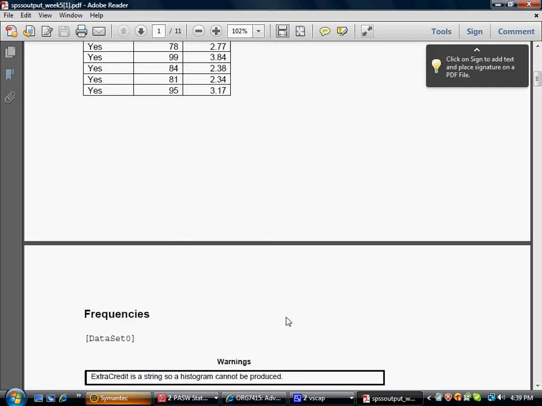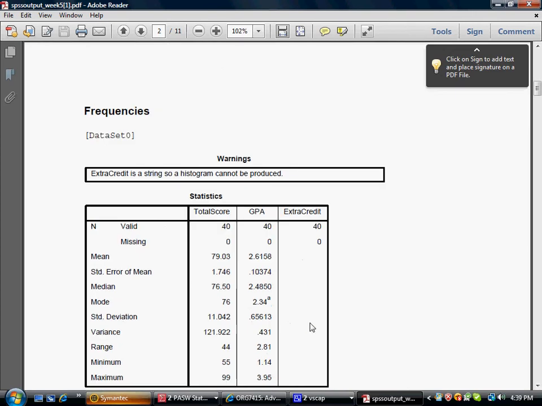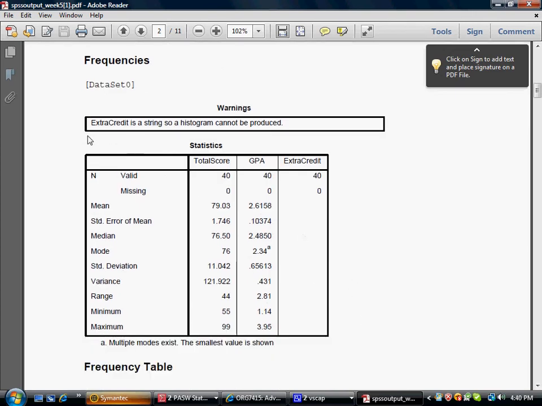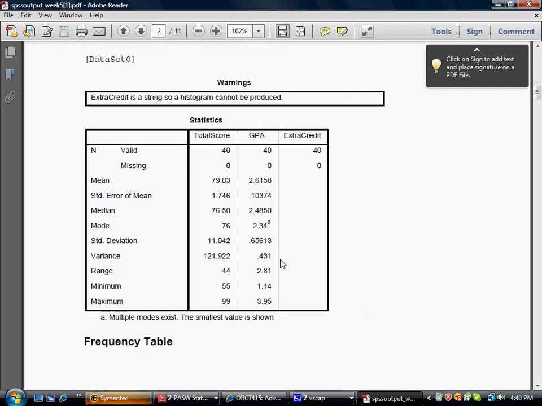So when we start to look down, we see a lot of things we've seen before. In this case, I coded the extra credit, so this is output that I actually created to fix a little problem. The extra credit's actually string, so we don't even see these variables here. String means it's really nominal, whether they did it or not, so we don't see the statistics for that. And then we have our mean and median, all that information for our total score and our GPA.